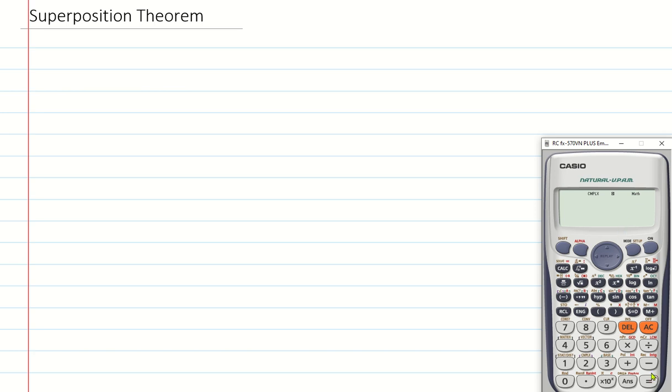So now, this is your calculator. Let's go back to the superposition theorem. Just like nodal analysis and mesh analysis, the concept is still the same as in circuits 1. When we say superposition, you have two or more sources.